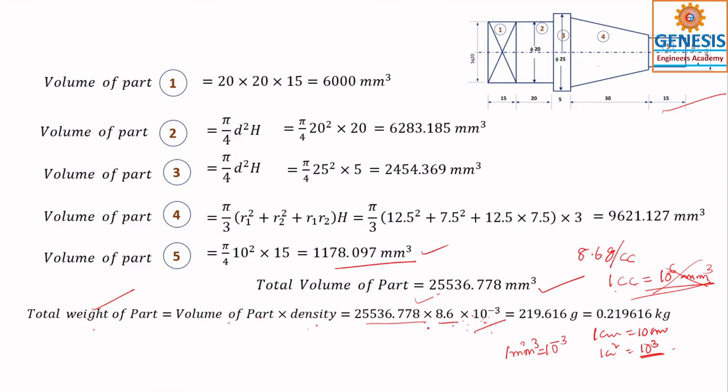So I can use this into grams by 1 centimeter cube. 1 centimeter is equal to 10 mm, so 1 centimeter cube is 10 to the power of 3 mm cube.